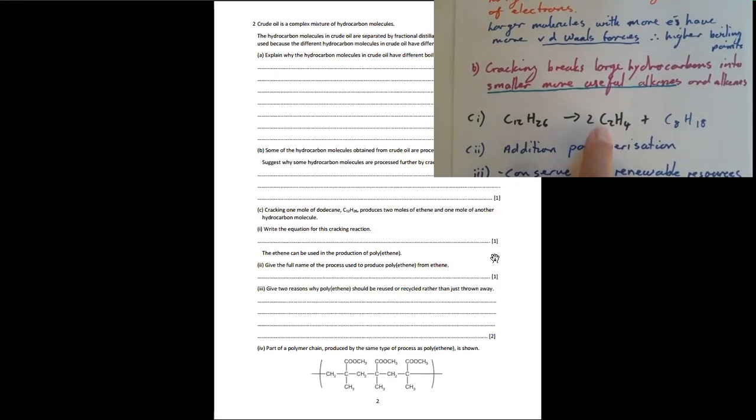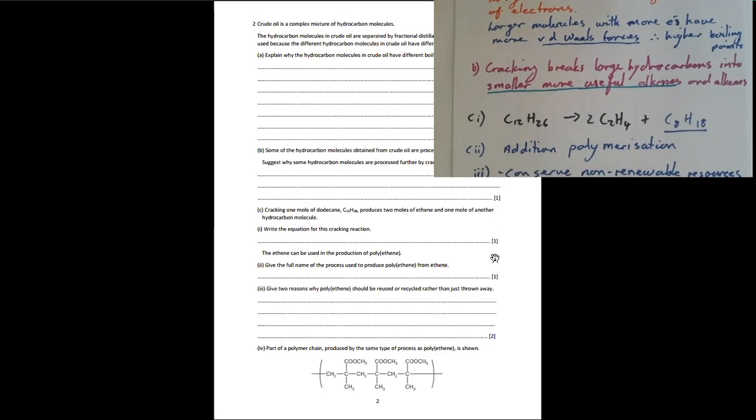It breaks up into 2 ethene molecules plus something else. We must just make sure that my carbons and my hydrogens add up. So subtracting 4, I get 8 carbons. Subtracting 8, I get 18 H's. Right? That's my equation.